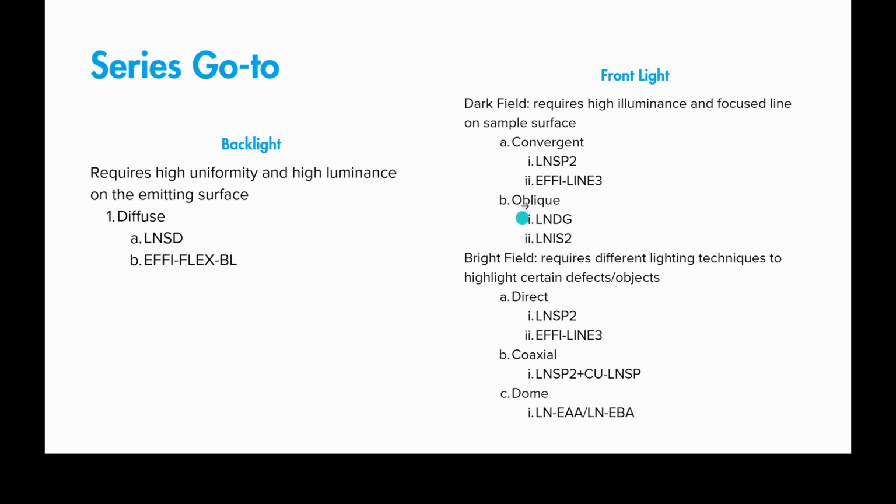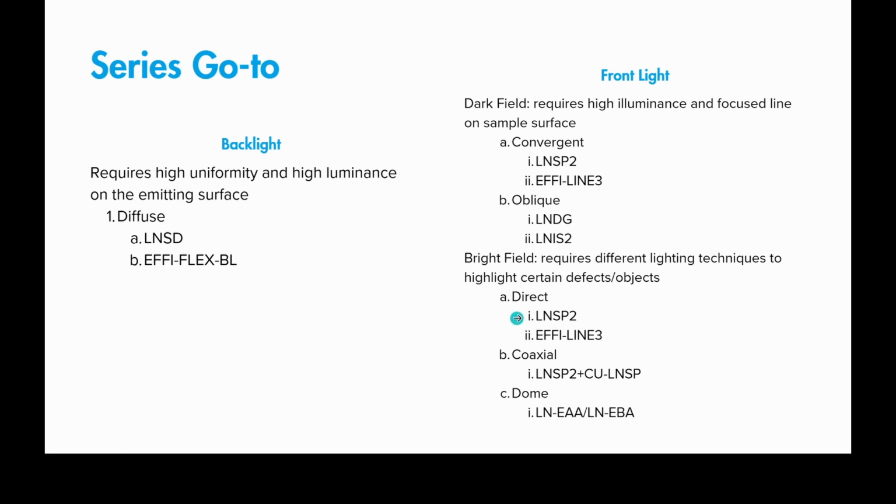Try and test both on your system to see which one works better for your application. If you are looking at bright field illumination, which also requires high luminance and high directionality, then again, because it's line scan, it just matters where you put the light in relation to the camera and how far the working distance is.